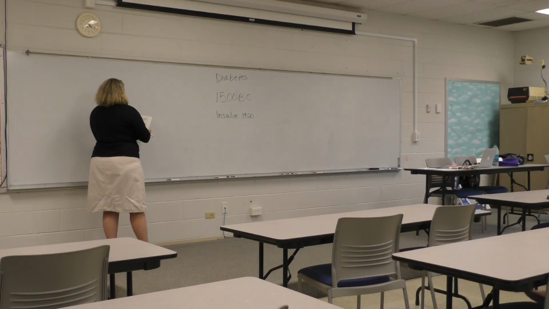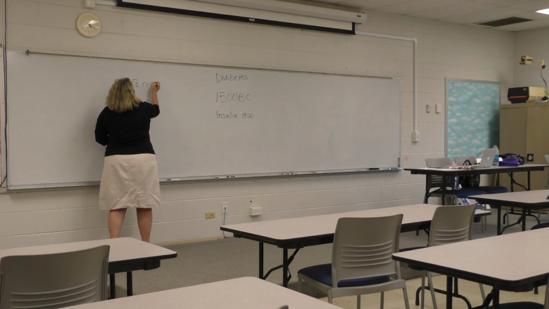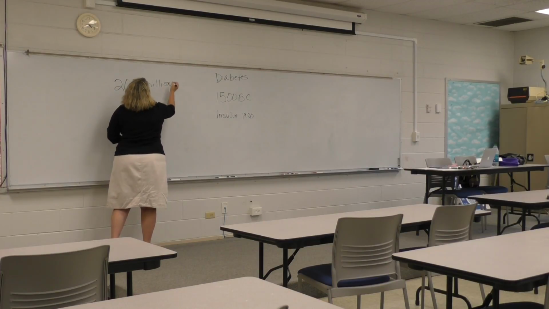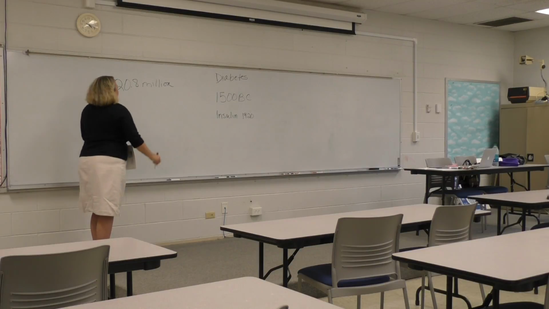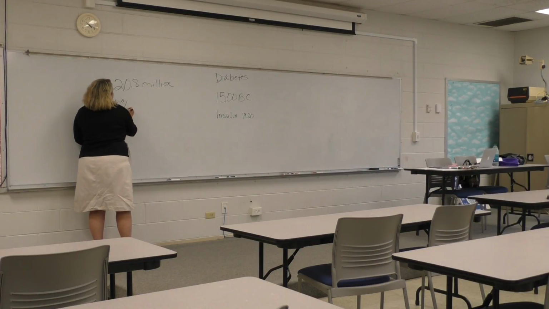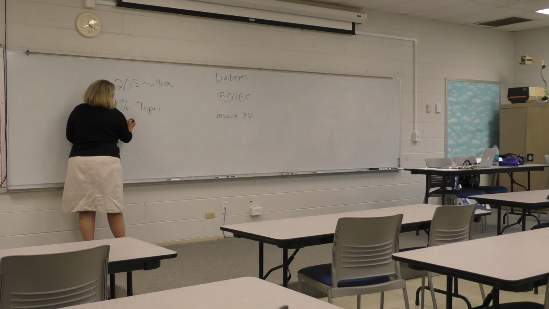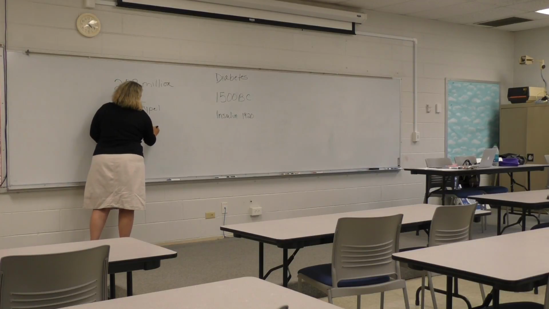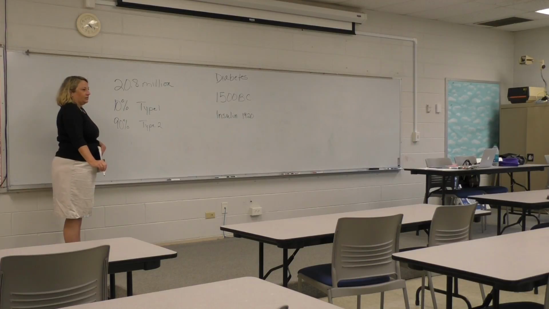There are an estimated 20.8 million people with diabetes, and it's probably higher at this point. 10% of this is type 1. 90% is type 2. Y'all can believe that now, can't you? This day and age with all the children that are obese and all that.